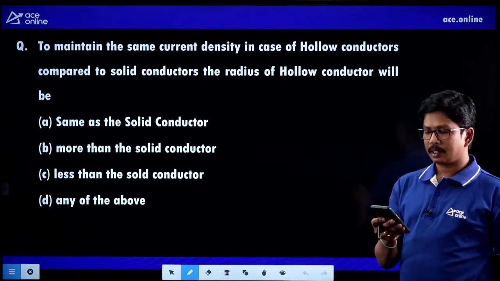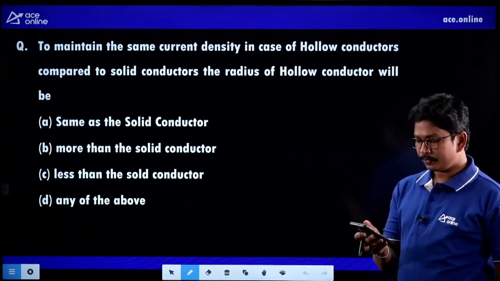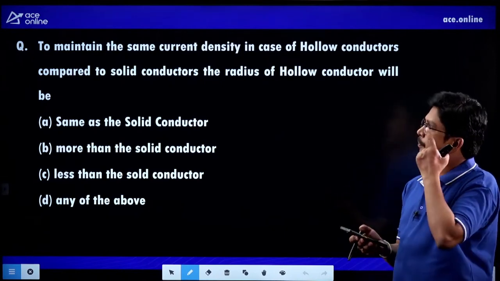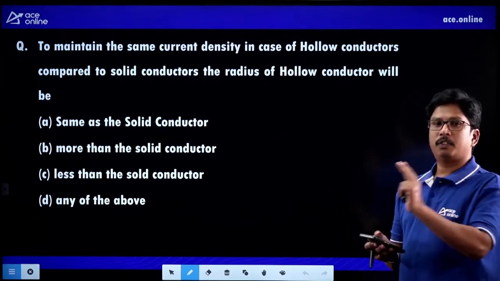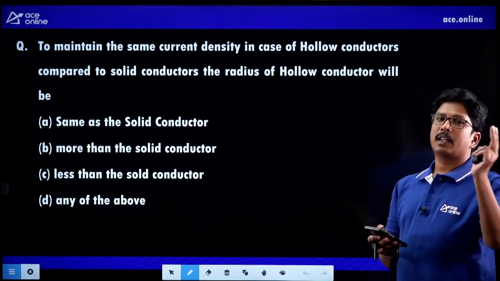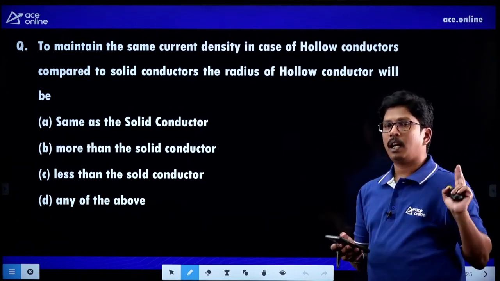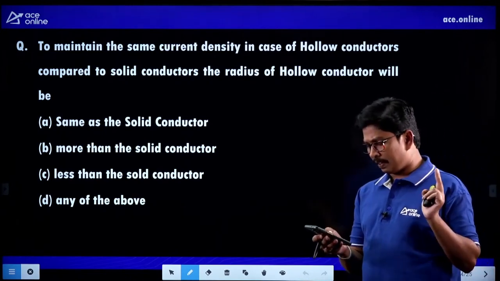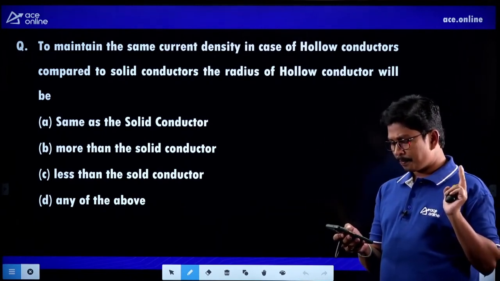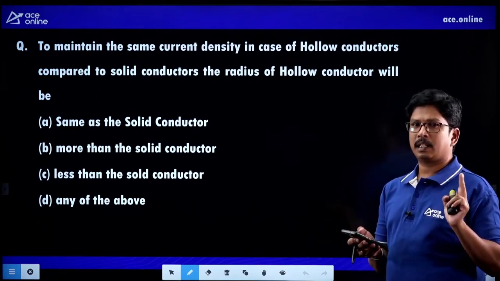What may be the answer? To maintain the same current density, I want to maintain the same current flow in both solid conductor and hollow conductor. Option B, more than that of solid conductor. Very good. Very simple question.